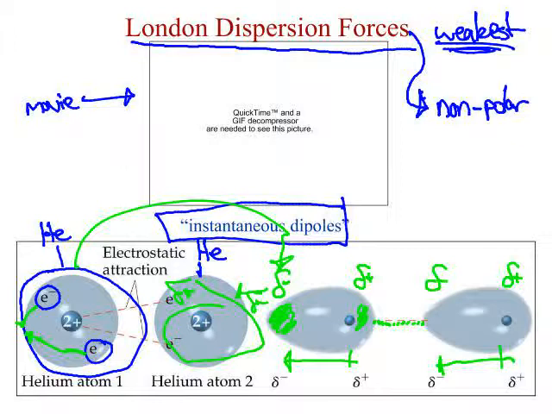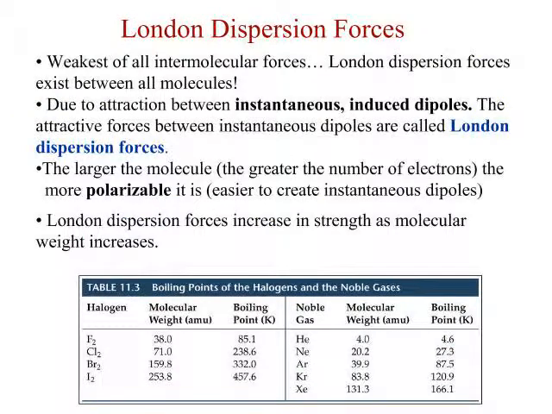For just a second, it has a positive and negative charge, and that instantaneous attraction between the positive side of one thing and the negative side of another thing leads to attraction between atoms and between molecules. Now, this type of attraction is present for all molecules, whether they're polar or non-polar.